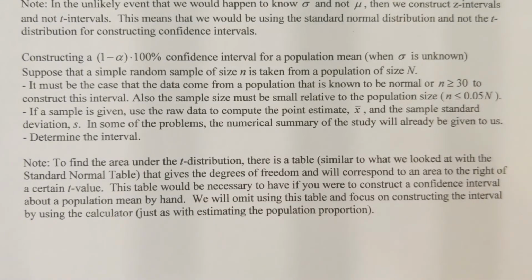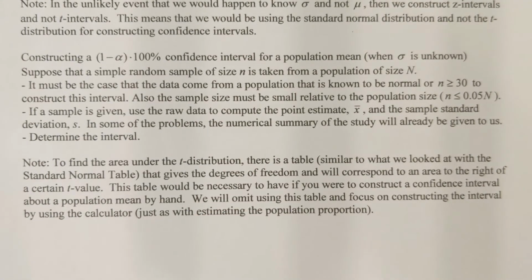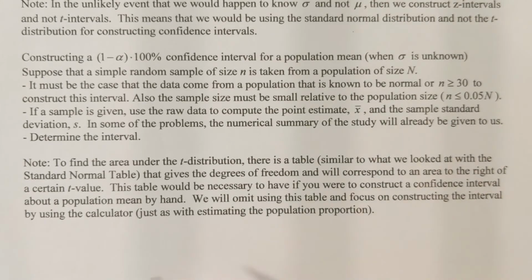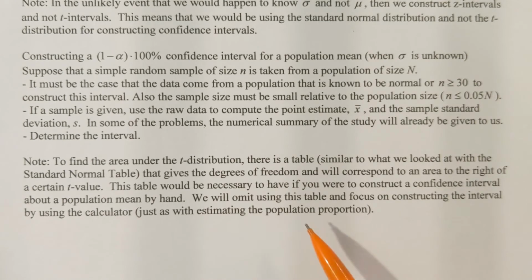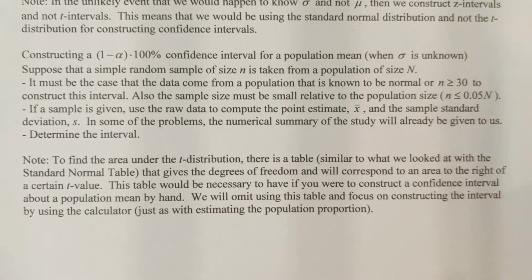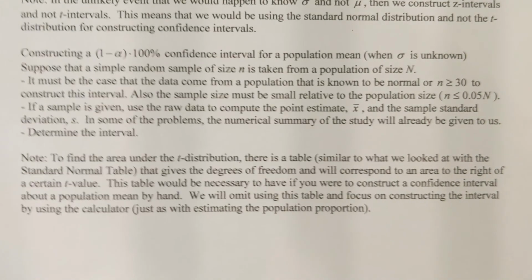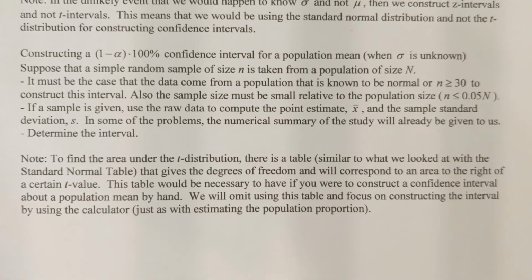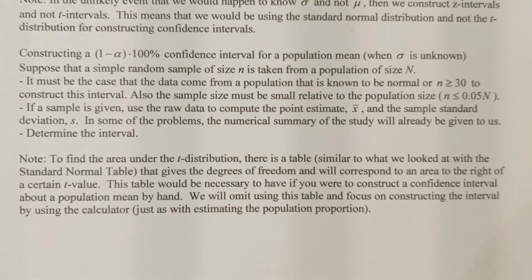Okay, we're going to omit using that table though, and we're going to focus on finding these intervals by using the calculator. Okay, so just like what we were doing with a population proportion, there are formulas in the book, but we don't need to be formula heavy here at the moment. We're going to have the calculator do a lot of the dirty work.